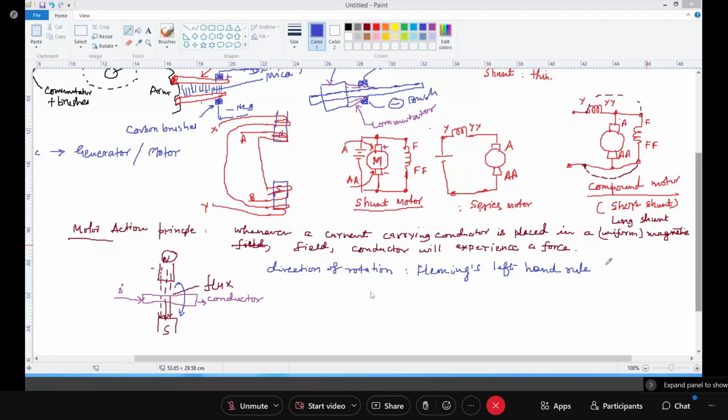So this you can take as the left hand rule.